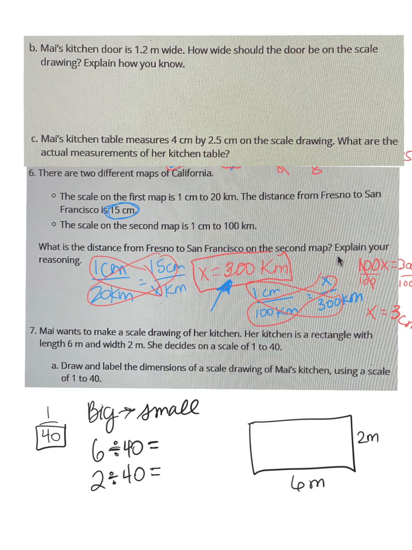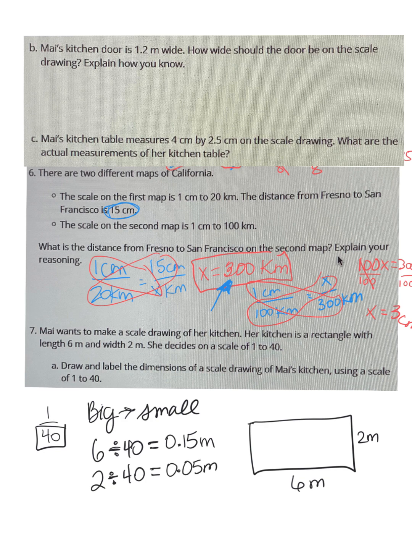But anyway, I digress. 6 divided by 40 is going to give you 0.15. And we started with meters, so we still have meters. And then 2 divided by 40 is 0.05 meters.